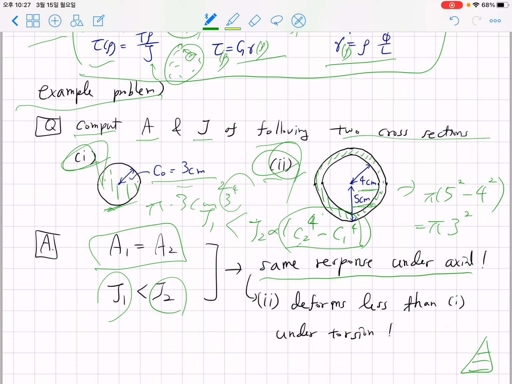However, even though they have the same response under axial loading, if we apply the same torque or same torsion to number 1 and number 2, their twist angle will be different. Because this one has higher J, the second one will deform less than the first cross section under the same torsion. These are the conclusions that I can make about the first topic of today's lecture.